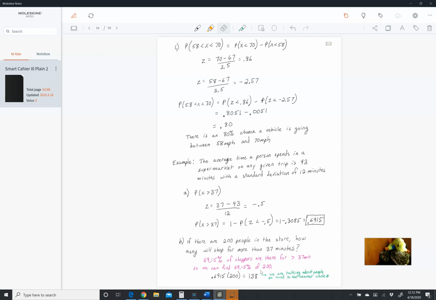So this can be clear to some people, okay, that if we have 200 people in a store, 138 of them are going to spend more than 37 minutes in that store. Now that might come into play if any of you are still going shopping for food. There's still a lot of lines out there.